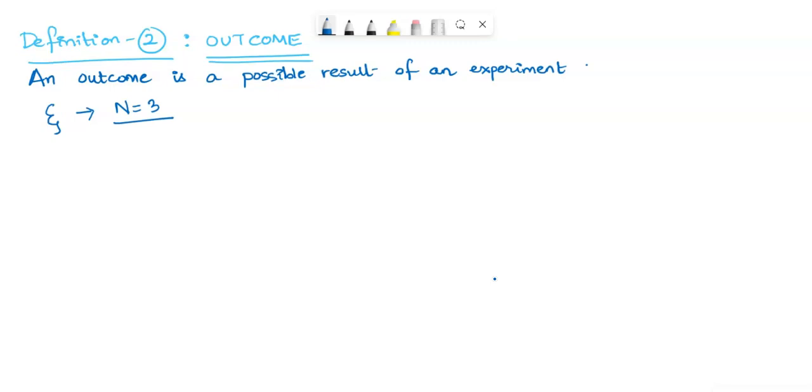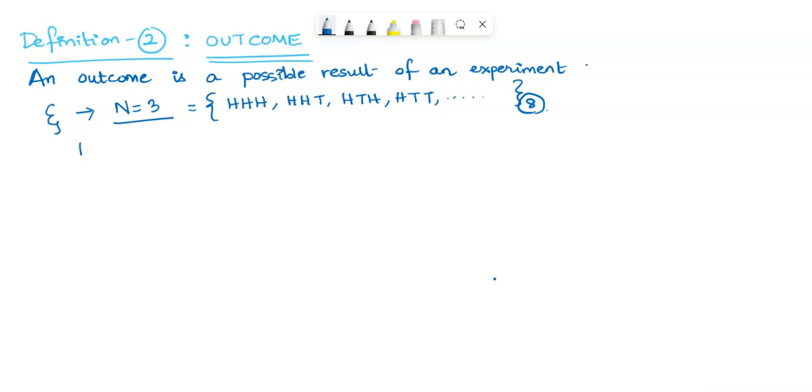So in that case, we can write the possible outcomes in this format: head, head, head, head, head, tail, head, tail, head, head, tail, tail, and so on. It will have 8 possible outcomes.